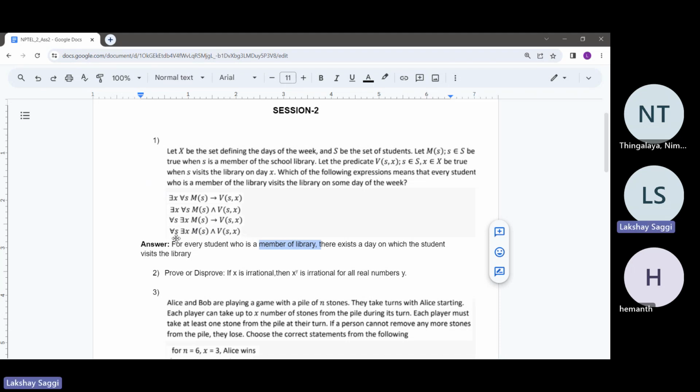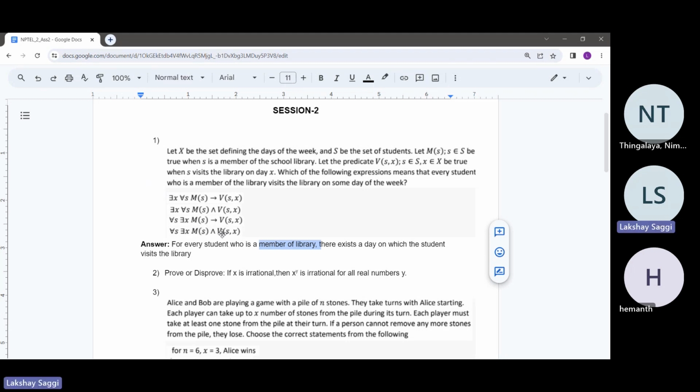So option D is sort of correct here... or maybe, sorry, my bad. What option D is saying is that for all students S, there should exist a day, and the proposition here is M of S and V of S comma X. M of S means that the student S is a member, and the student goes to the library.